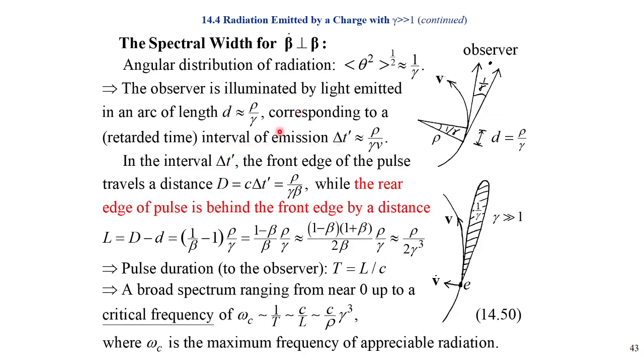The retarded time emitted at delta t prime is rho over gamma v. In a time interval delta t prime, the front edge, that is, the particle moves in this way. And here, the particle will emit the radiation, and it will reach the observer.